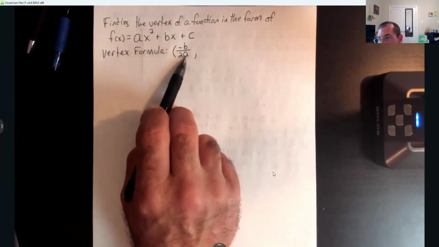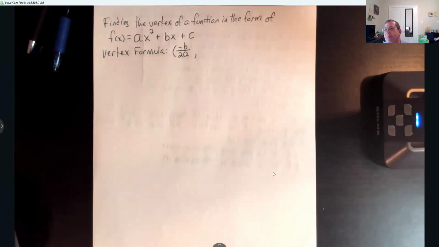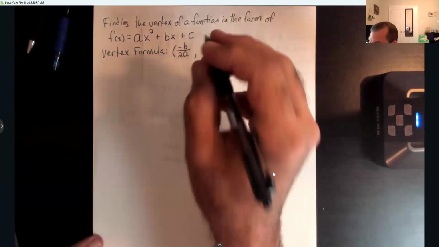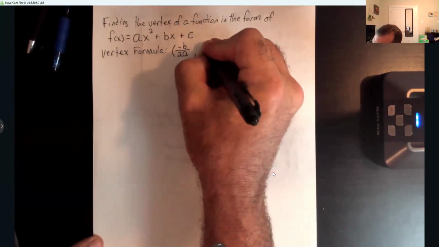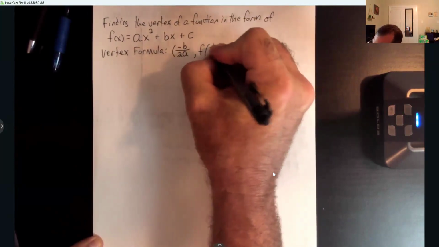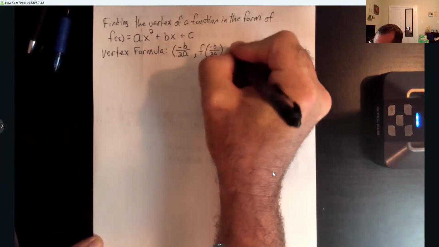Now, I got the x value. When y'all were graphing by hand and you had an x value, to get the y value, you plugged that x value back into the function. And y'all will do the same thing. So to find my y value of the vertex, I'm going to find the function value of that negative b over 2a.